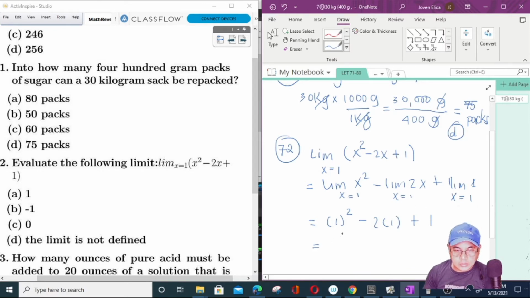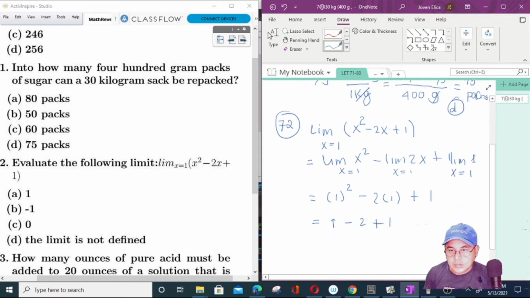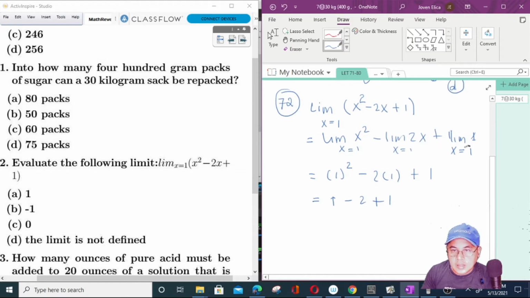This is equal to 1 minus 2 plus 1. The limit of a constant is equal to the constant value, that's why this is 1.